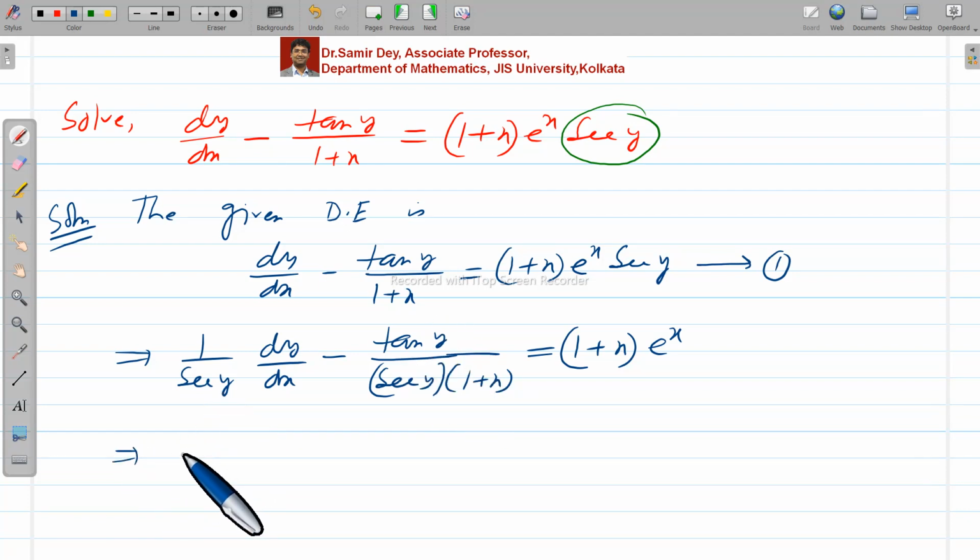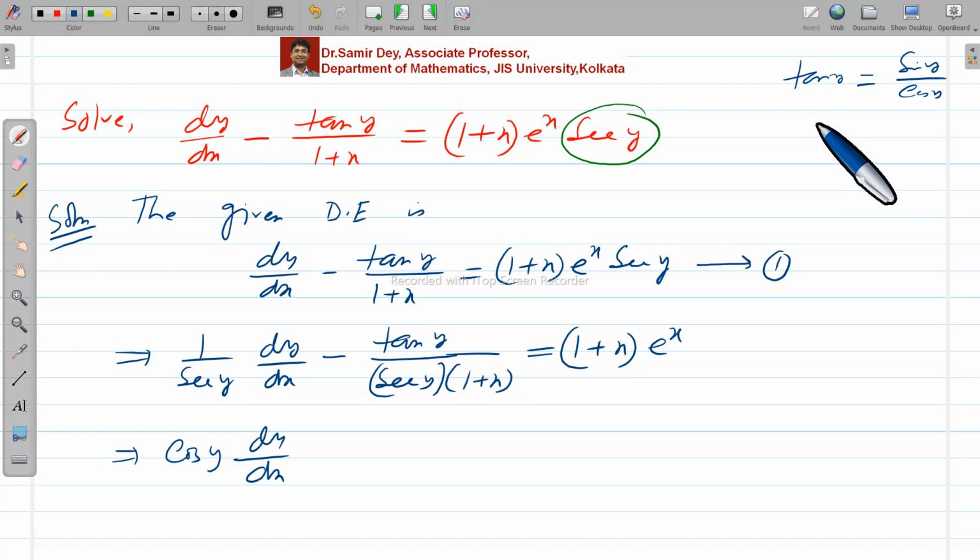So here you may write it is your cos y dy by dx. Tan y means what? Tan y is equals to sin y by cos y. What about your sec y? Sec y is equals to 1 by cos y.